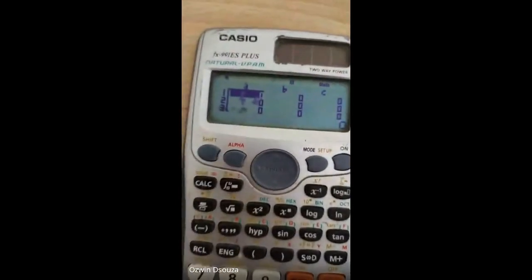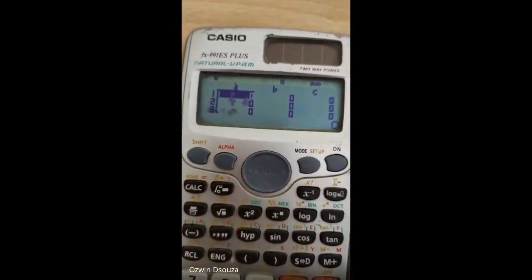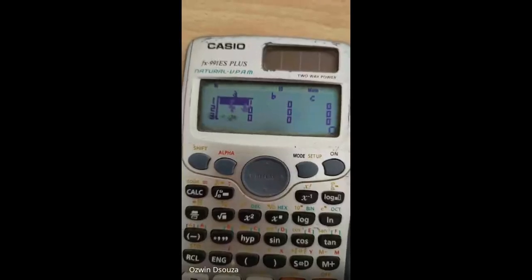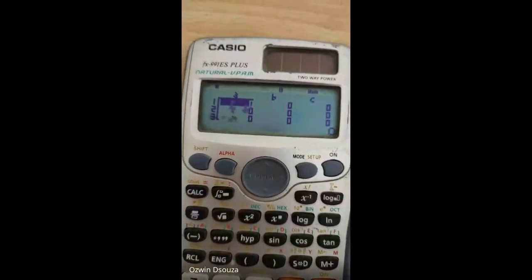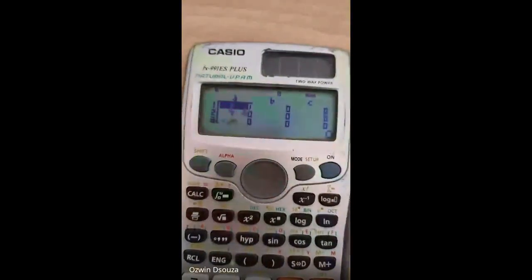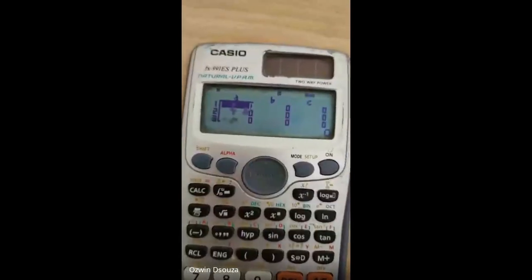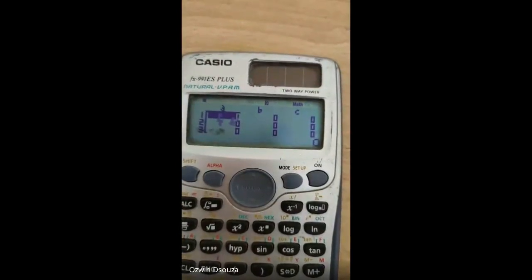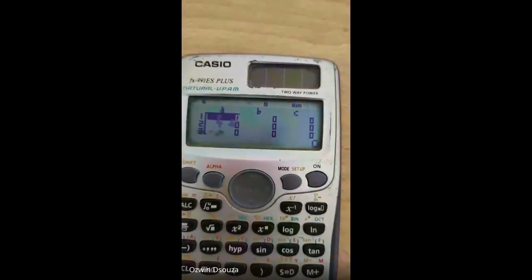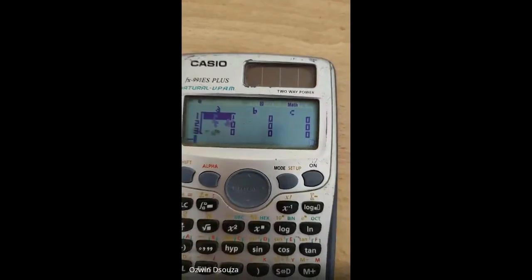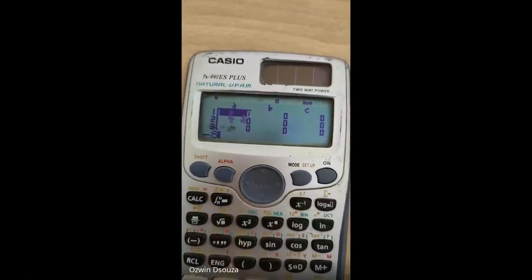The moment you press that, you will get a matrix. You can see that it's a square matrix, and you can see the columns A, B, C. That means the corresponding coefficients have to be entered. Let me start from the first equation. What is the coefficient? Minus 8.